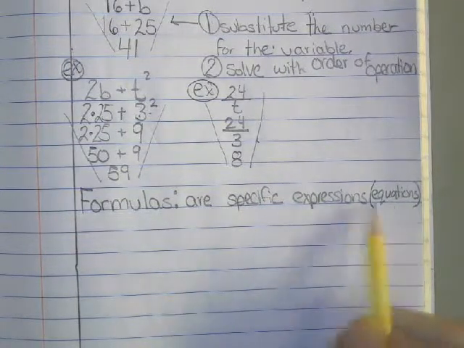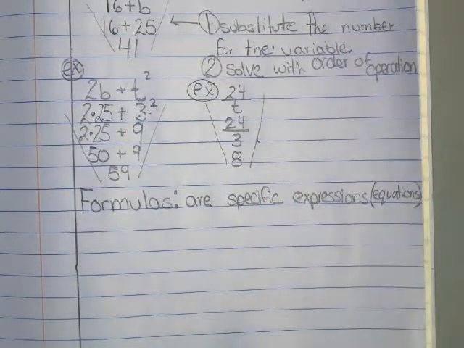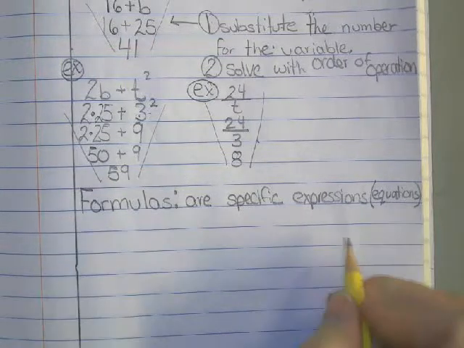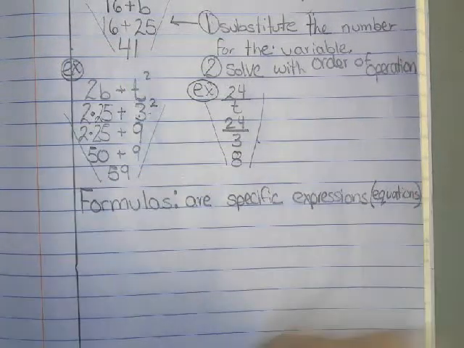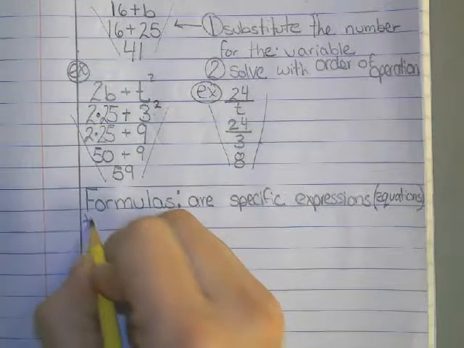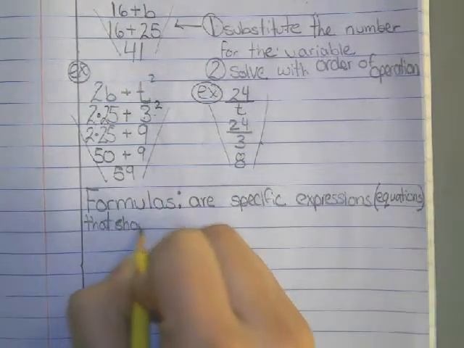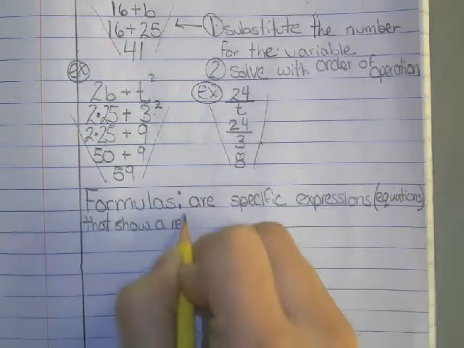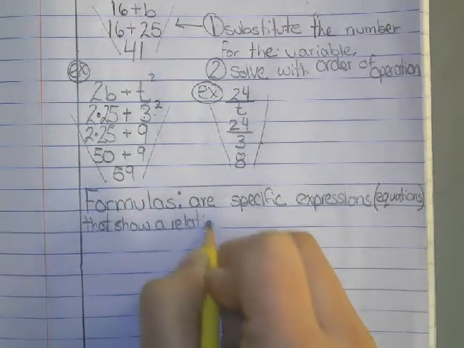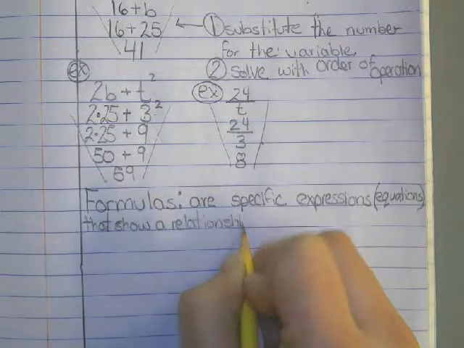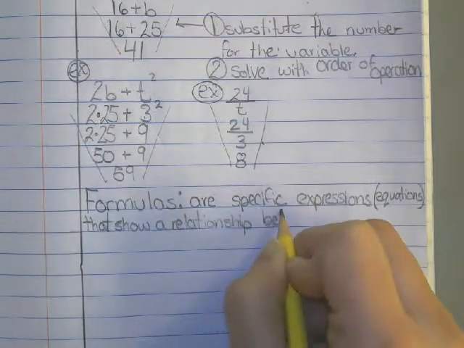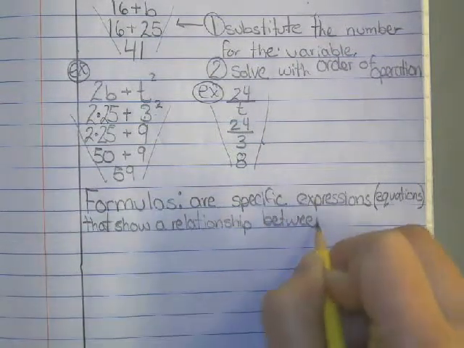So you can refer to them as both, although equations are more correct because they have an equal sign. They are specific expressions, equations, that show a relationship between variables.